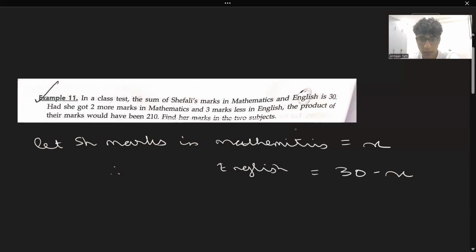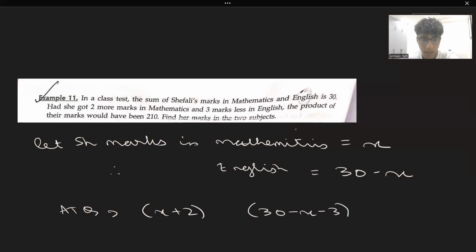This is the first step you always do. And then it says, had she gotten 2 marks more in mathematics and 3 marks less in English. So 3 marks less is 30 minus X minus 3. The product of her marks would have been 210.